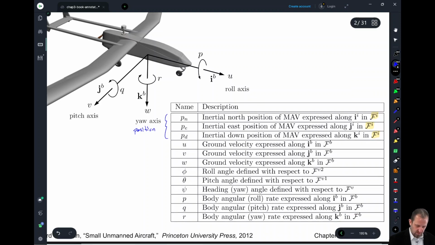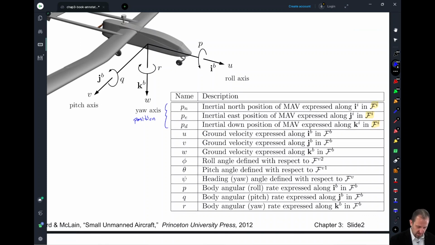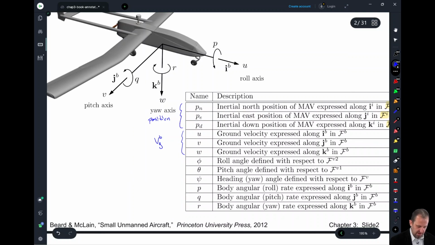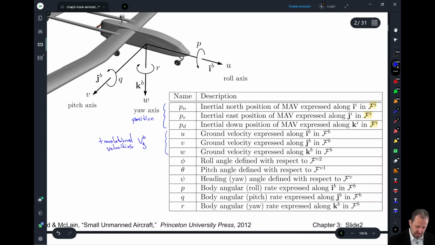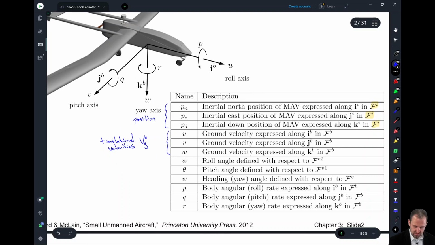The next three variables are our ground speed velocities, right? We had previously called this V sub G in the body frame, but it's just our translational velocities. And these velocities are defined in terms of the body frame.